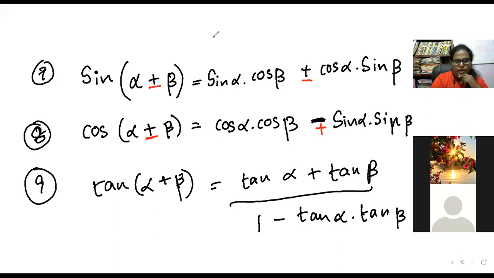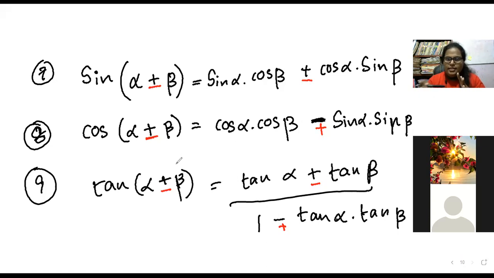And if there is a minus sign here, that means tan alpha minus beta, so the sign is changing here, like tan alpha minus tan beta over 1 plus tan alpha tan beta, right? So with this red color, you can see how the sign changes inside these sine, cos, and tan functions here, right?